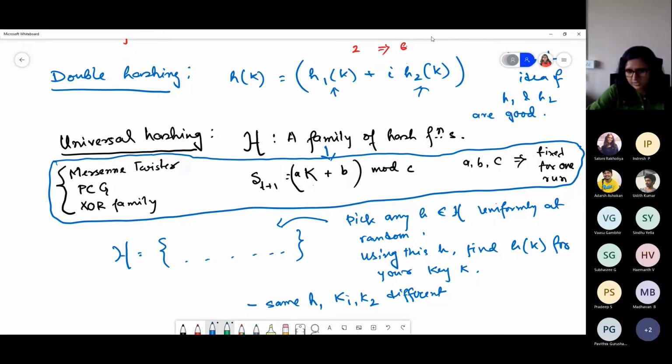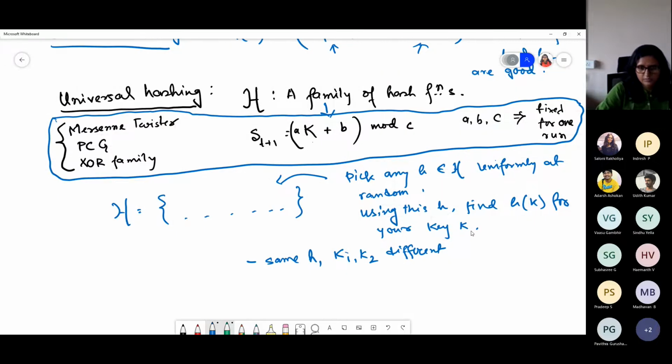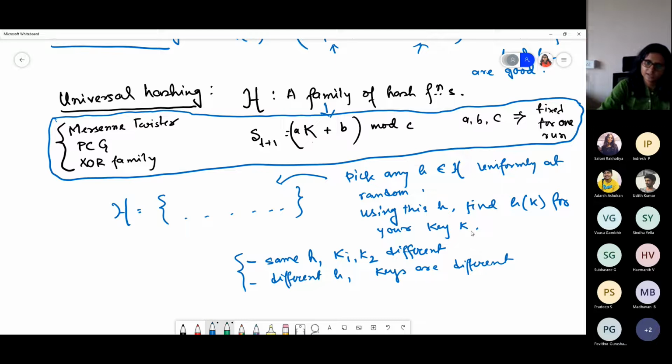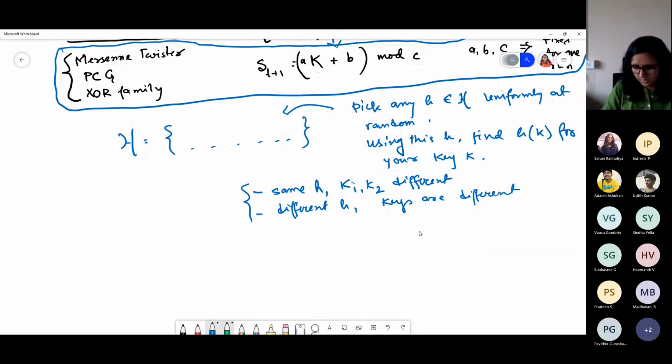This might be one case. Another case is different h and keys are different. Right? So as we are choosing uniformly at random, in both the cases, the probability of collision becomes very less. And that's why universal hash family or universal hashing is the most versatile and most appropriate hashing technique.